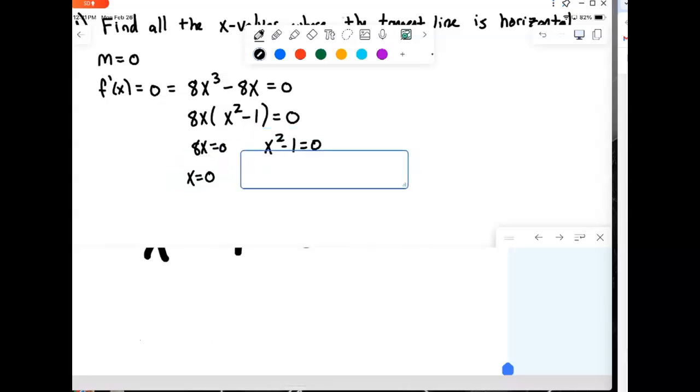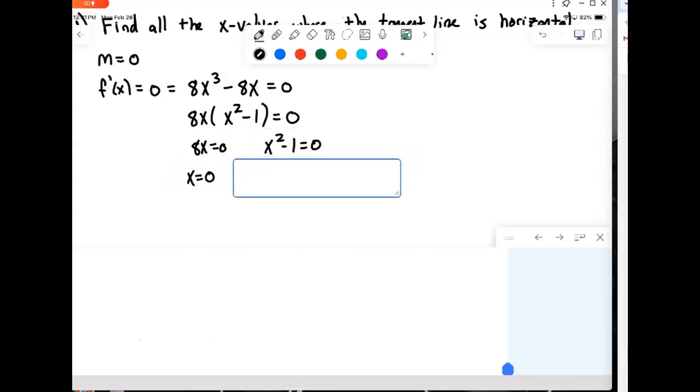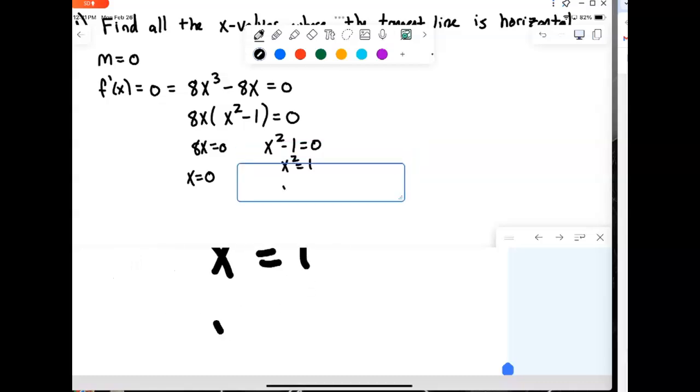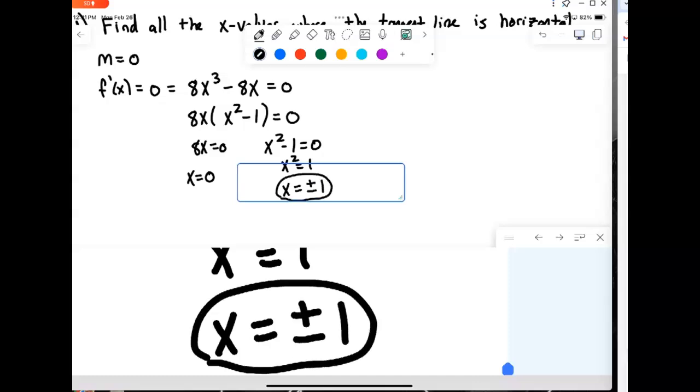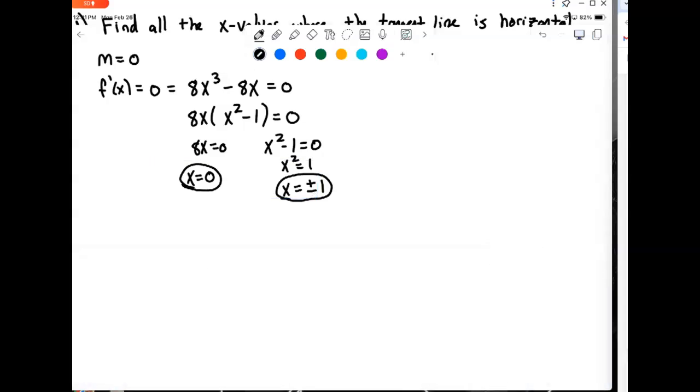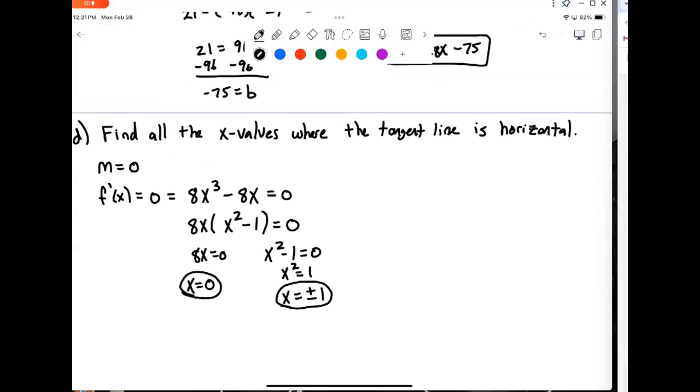And x squared minus 1 equals 0, we would bring the 1 over, apply our square root, right, and we would get the two solutions there, plus or minus 1. So there are 3 points, 3 x values, where the slope of the tangent line is 0.